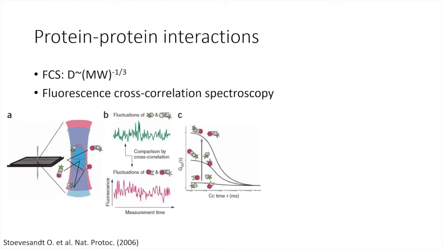So in this case, people use cross-correlation with two colors. For example, molecule 1 with green, molecule 2 with red, if they diffuse together, if they have interaction, the cross-correlation will increase the signal for your correlation curve.